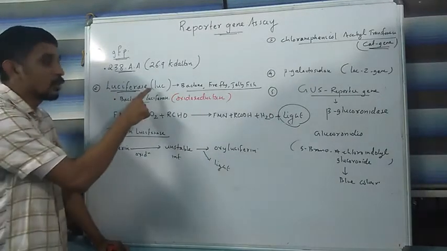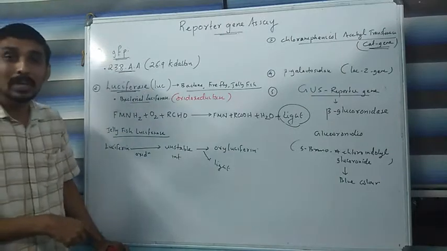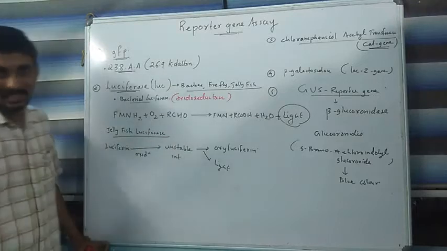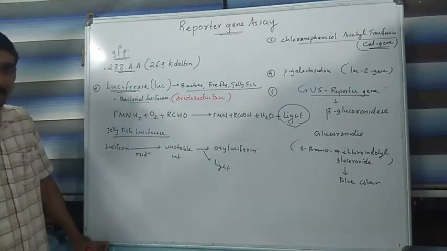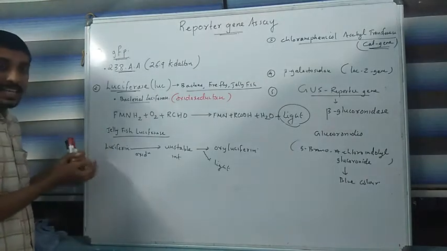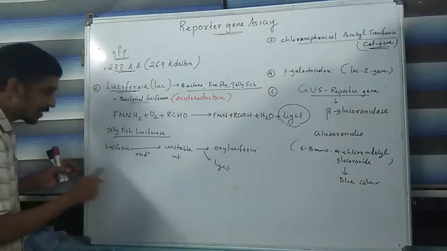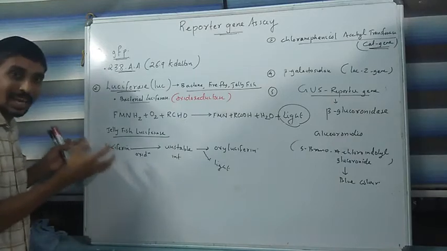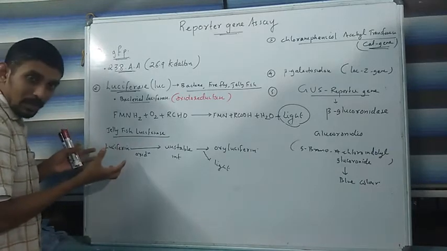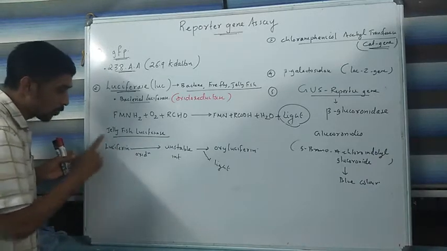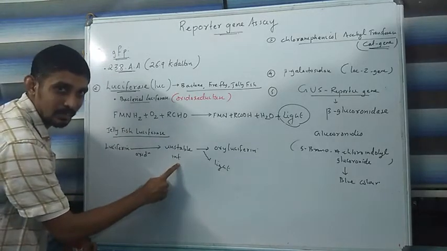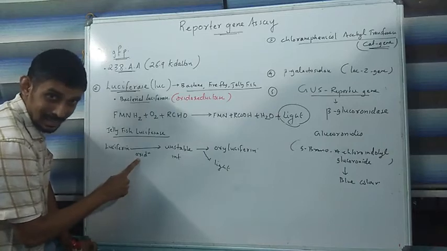Likewise, Luciferase is also present in marine organisms like the jellyfish. That is called jellyfish Luciferase, the LUC reporter gene. Jellyfish Luciferase converts the compound luciferin into an unstable intermediate through an oxidation reaction.